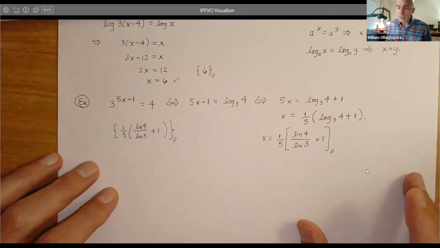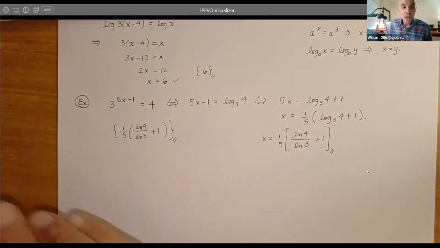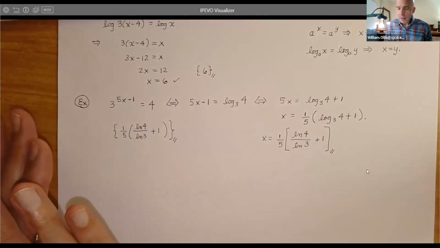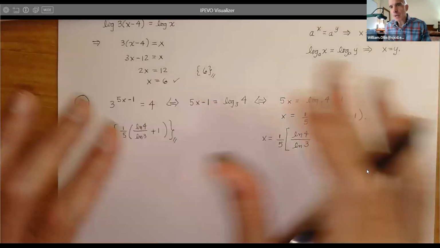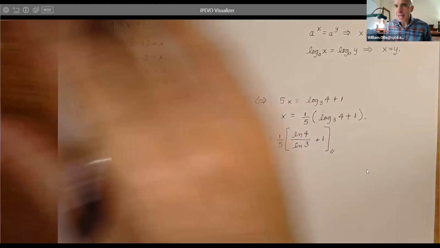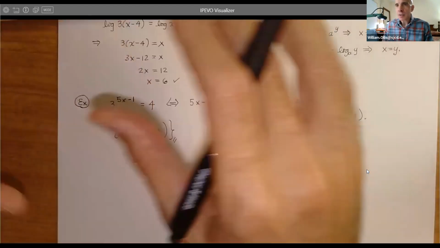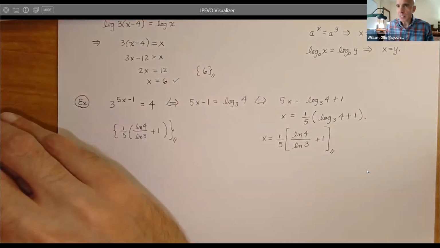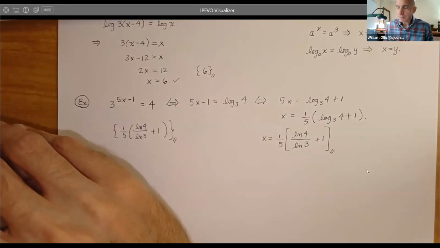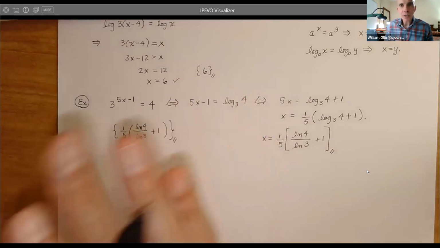So again, when it comes to solving logarithmic equations or exponential equations, you have plenty of flexibility. That is, you don't have to worry that your technique may be different from your classmates. As long as you and your classmate are applying good mathematics, the responses that you glean will be equivalent. Again, everything has to be equivalent. So I don't really worry.